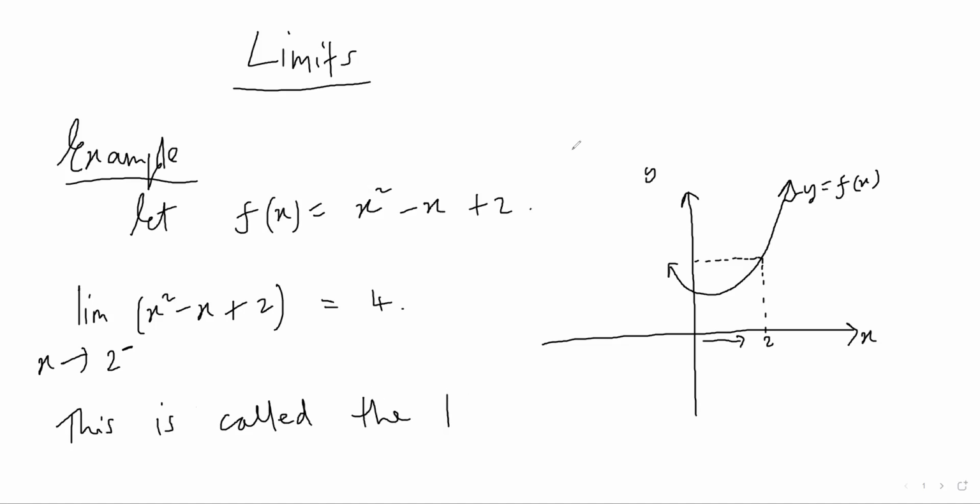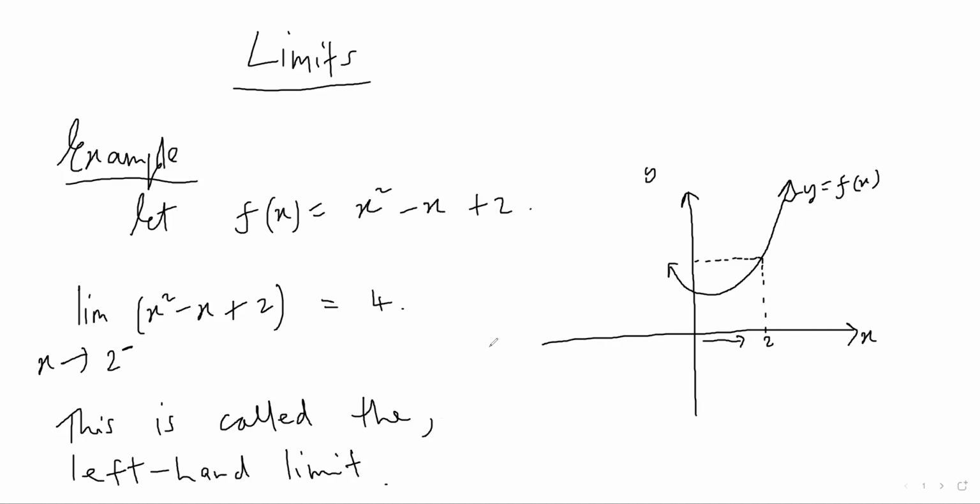This is called the left-hand limit because your x values are approaching the number from the left.